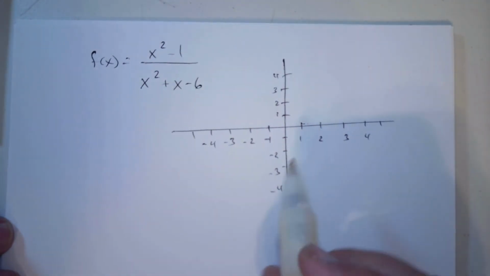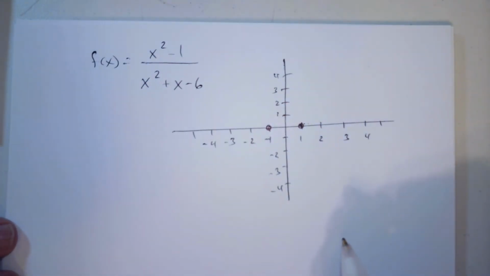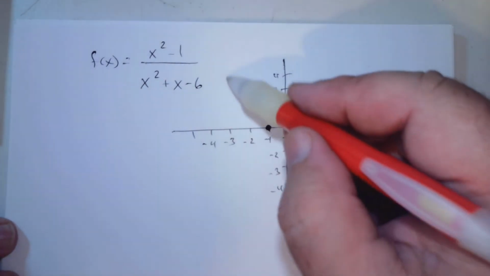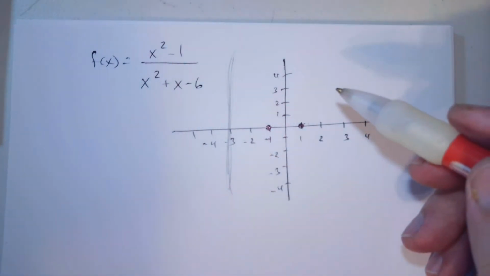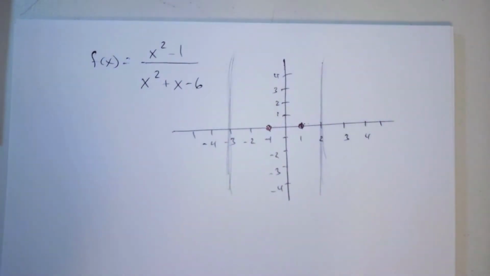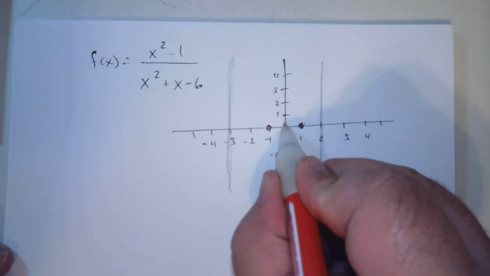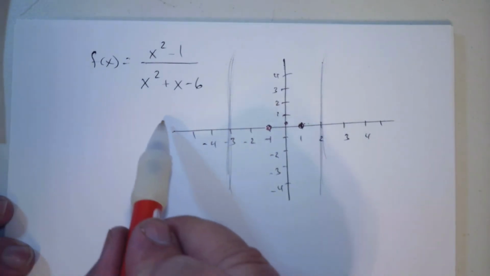So the x-intercepts are at -1 and 1. The vertical asymptotes are at -3 and +2. The y-intercept is at 1/6. What else do we have? Oh, the horizontal asymptote is at 1.